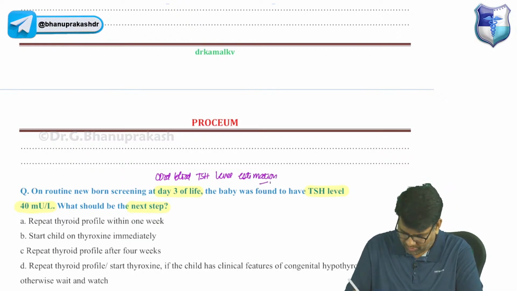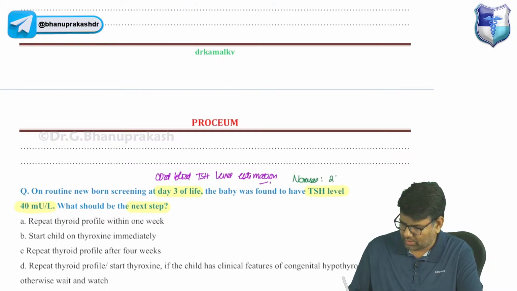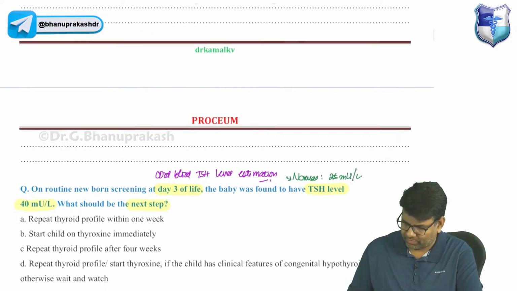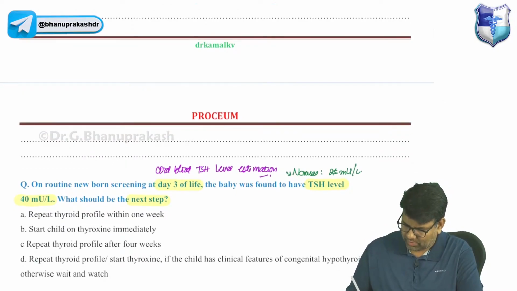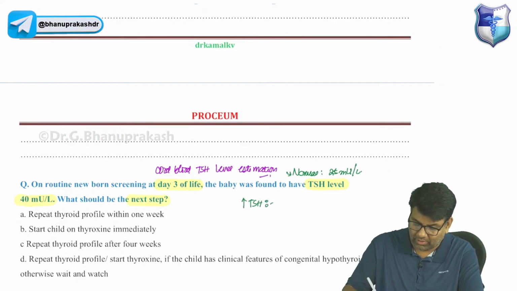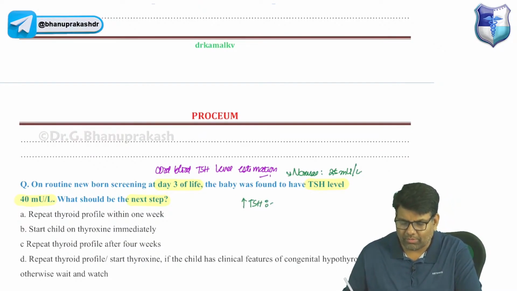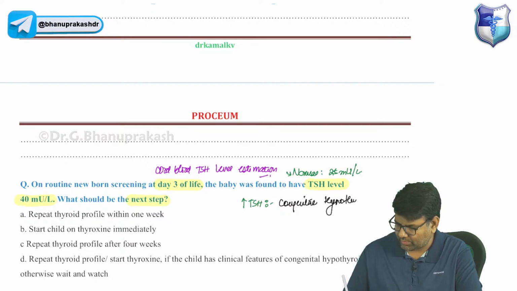And the normal value is taken to be somewhere around 25. All of you must agree, if there is increased TSH, it might give an indication as if there is what can be the problem? Congenital hypothyroidism.